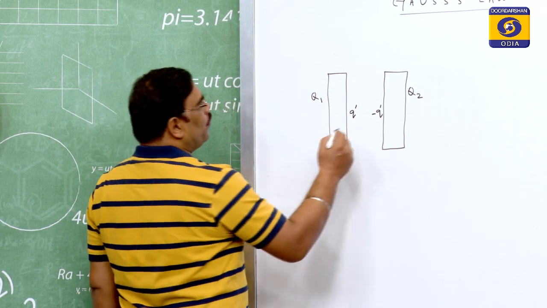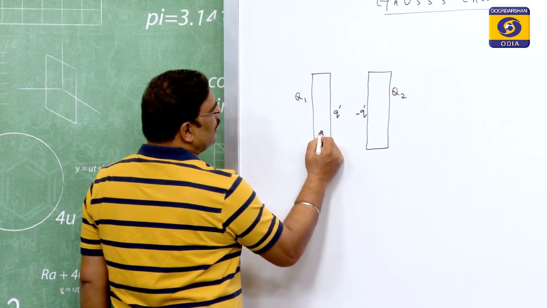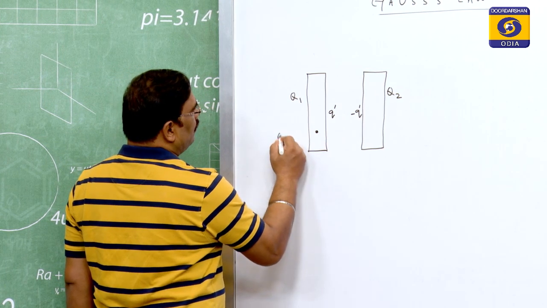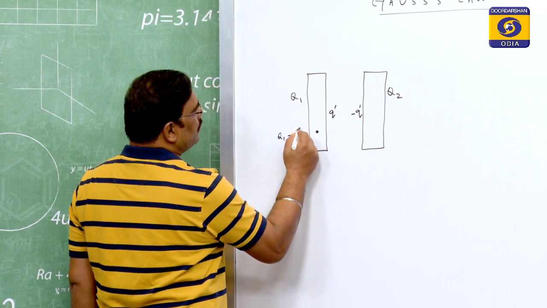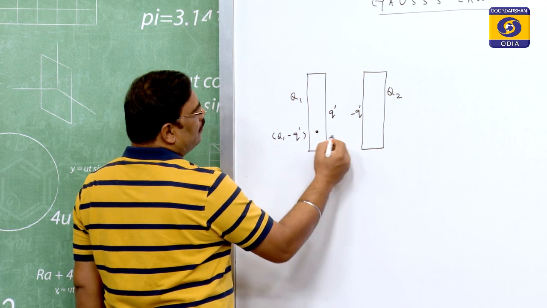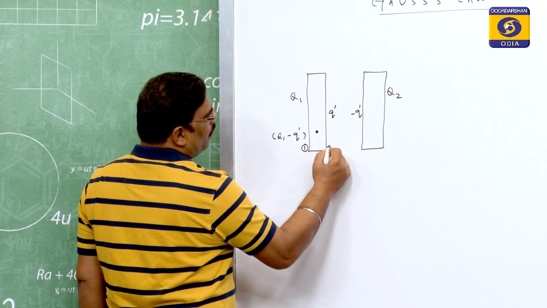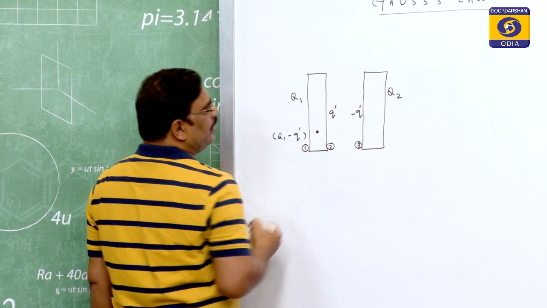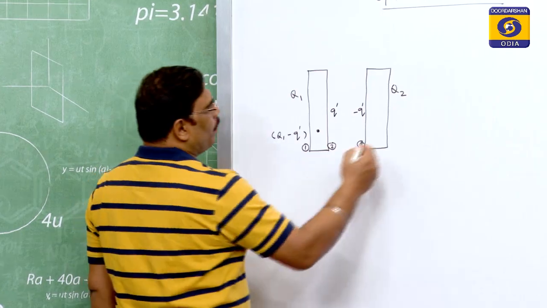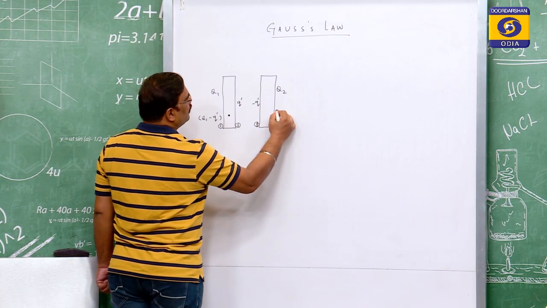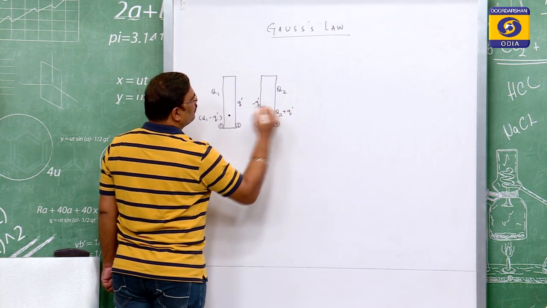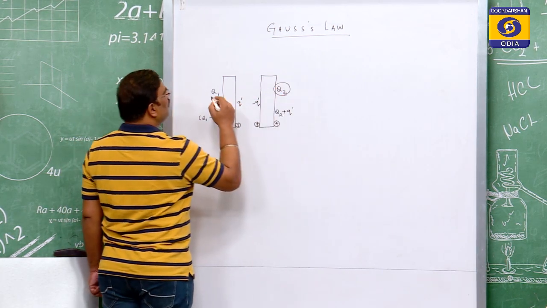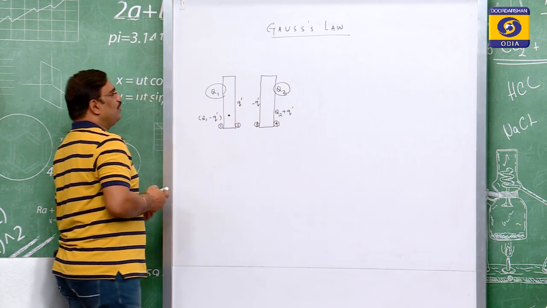The 4 charges producing electric field at this point can be specified as: face 1 has q1 minus q dash, face 2 has q dash, face 3 has minus q dash, and face 4 has q2 plus q dash, because the total charge on plate 2 is q2 and the total charge on the first plate is q1.